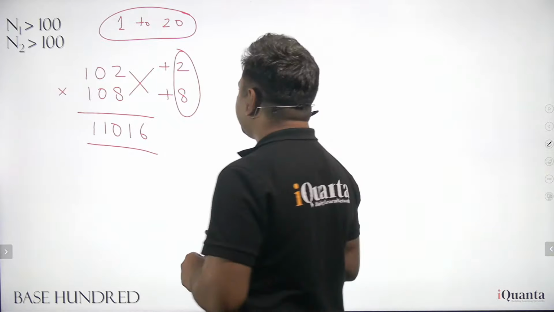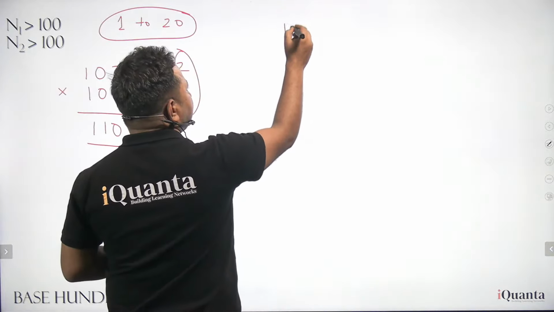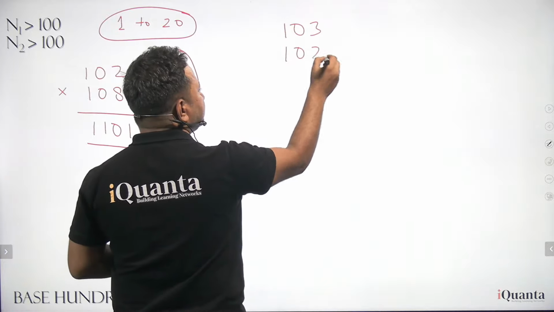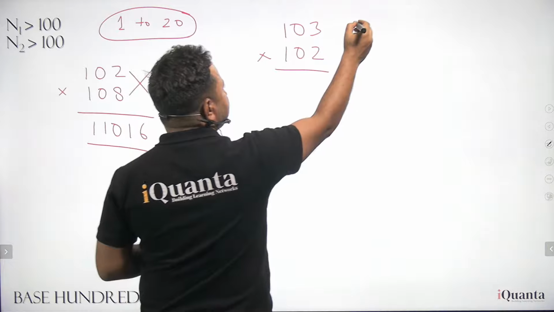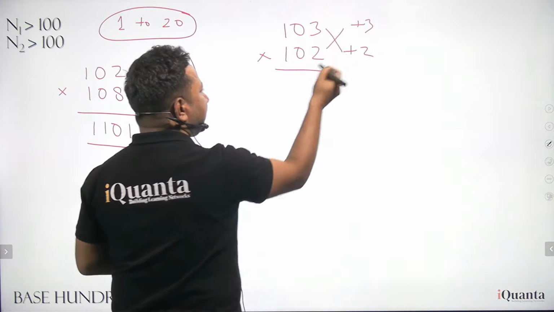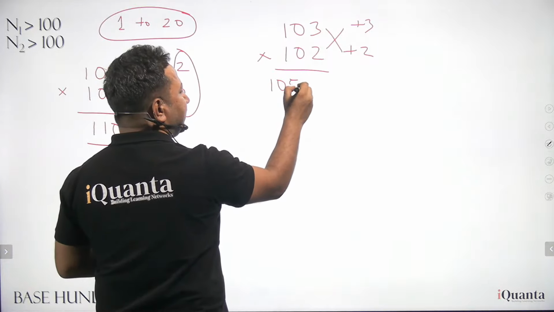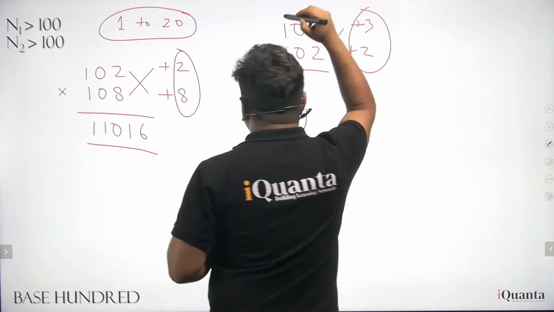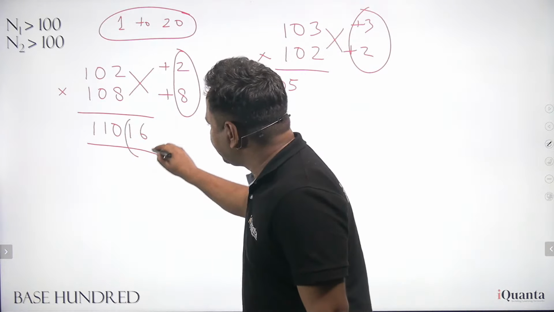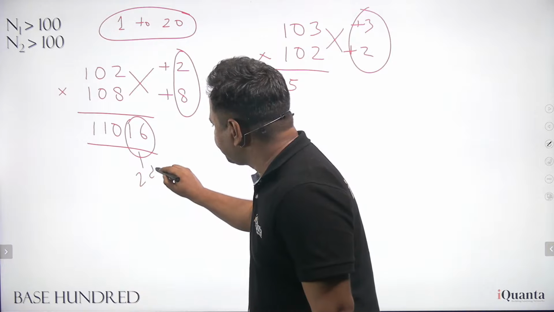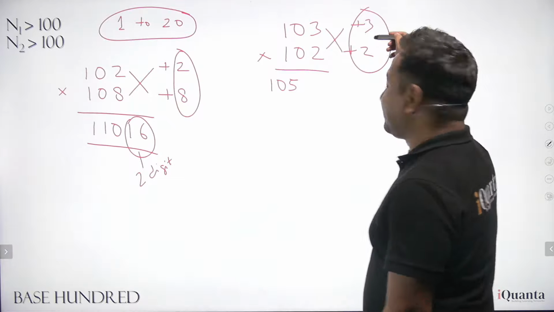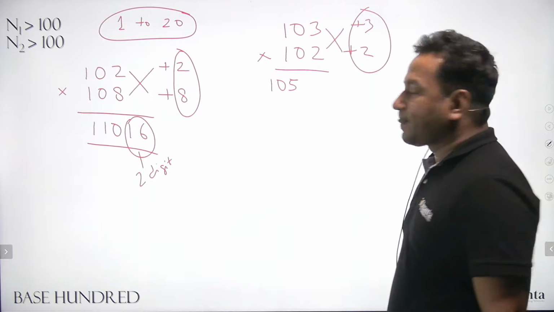Now let us check out some other numbers. For example, 103 and 102. Now this number is 3 more, and this is 2 more. In a similar way, I'll just add. I'll get 105. And then 3 2s are 6. There's one thing which has to be kept in mind: here 2 8s are 16 was a 2-digit number, and here 3 2s are 6 is a single-digit number.